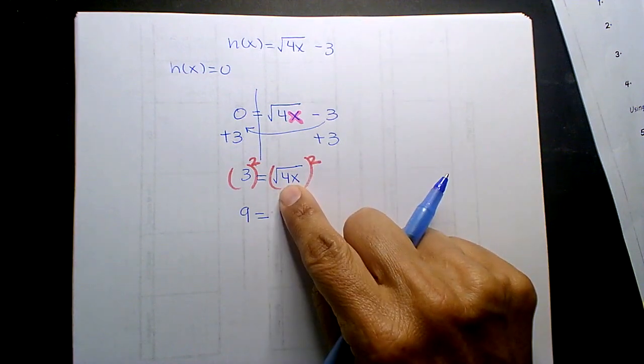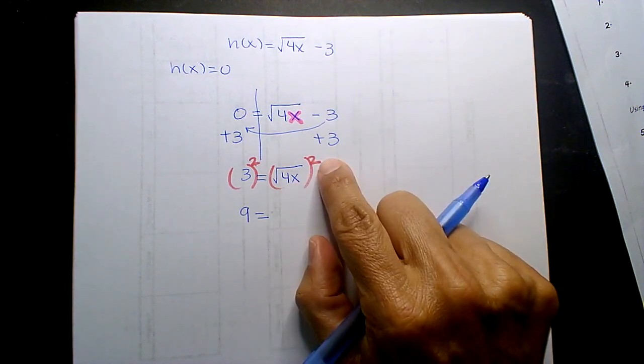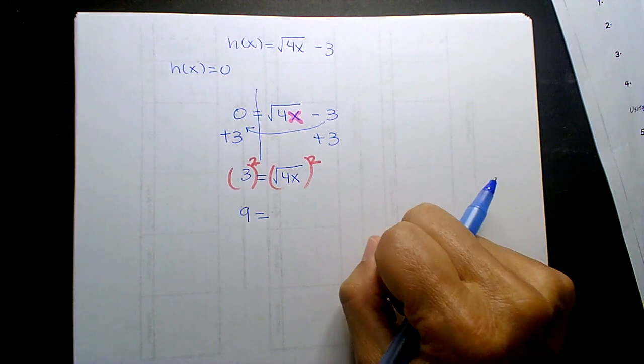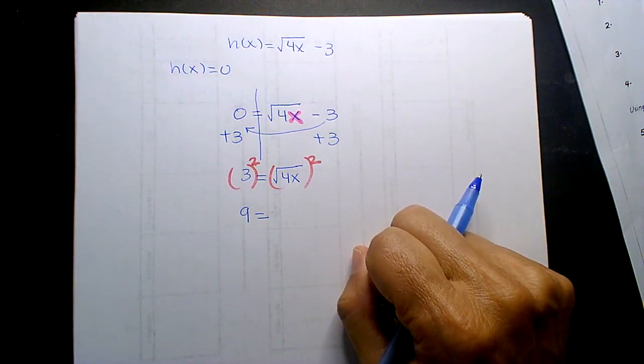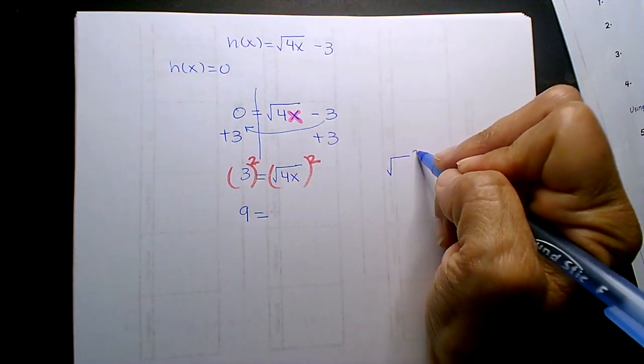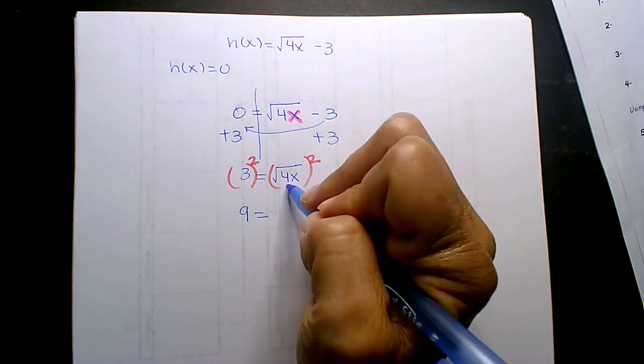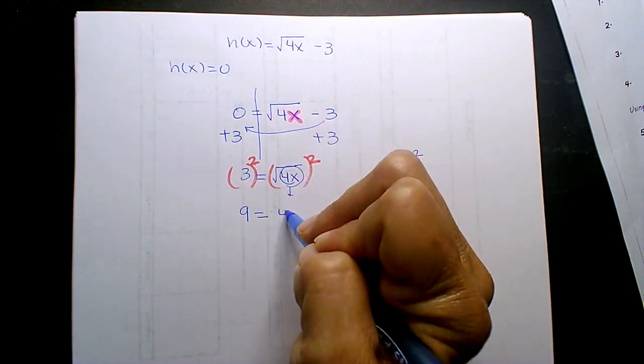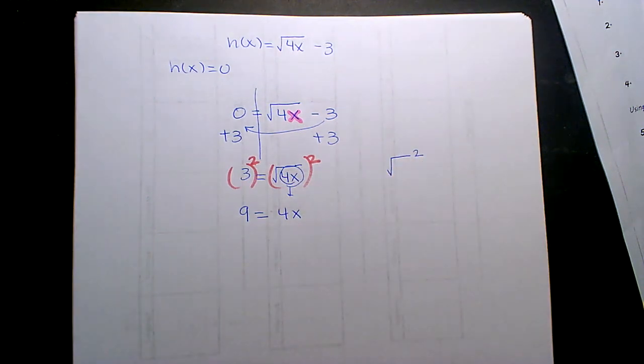What is the square root of 4x squared? Right? No, this just comes out. 4x. The radicand just comes out. It just exists.